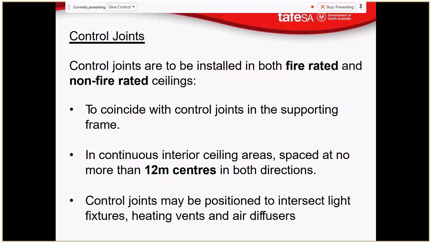For some reason, let's say we've got a ceiling that's more than 12 metres, but this is close to arbitrary. We've got some flexure happening in the building for whatever reason.